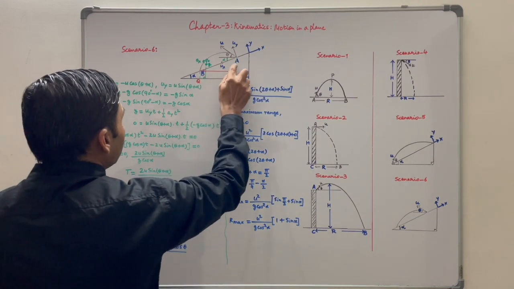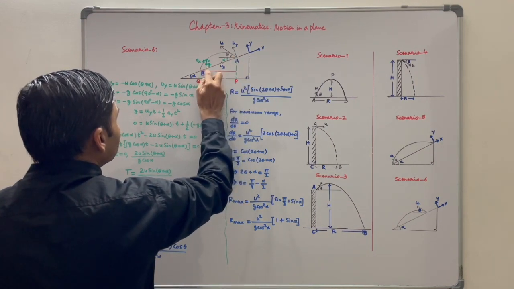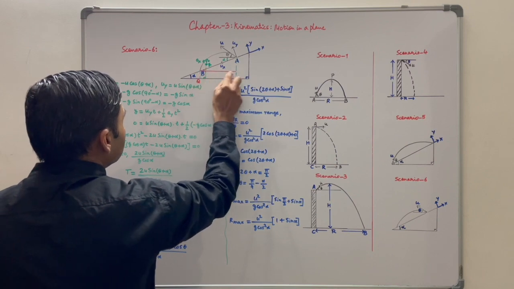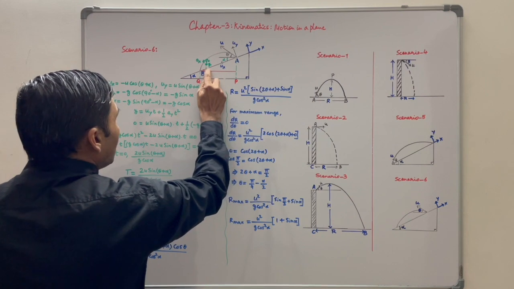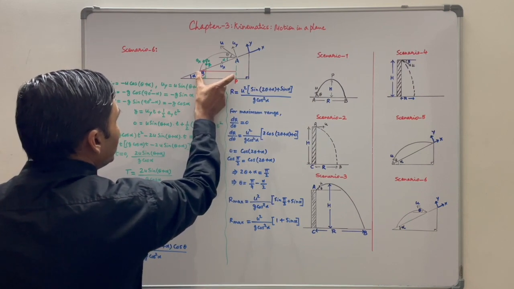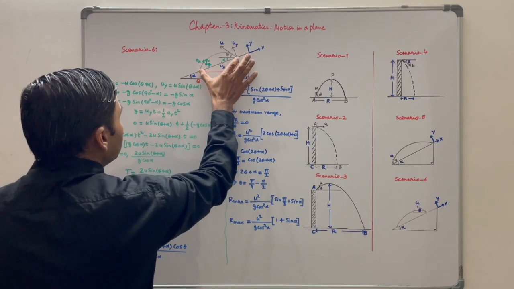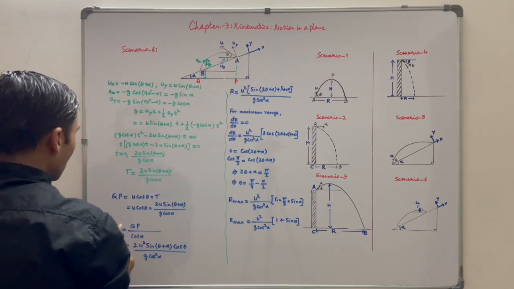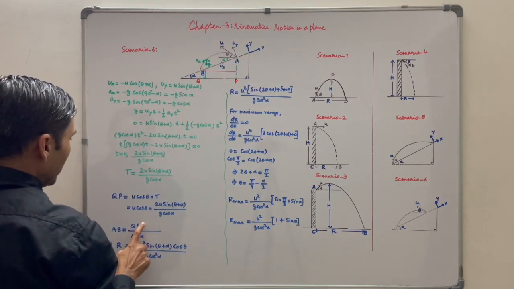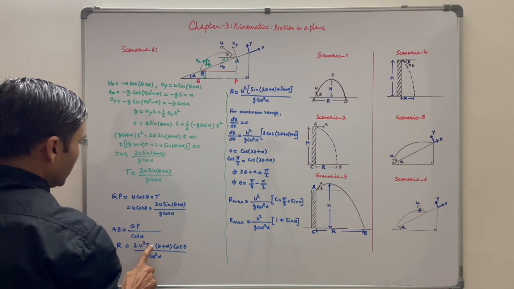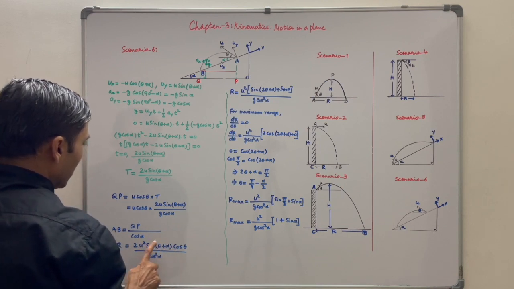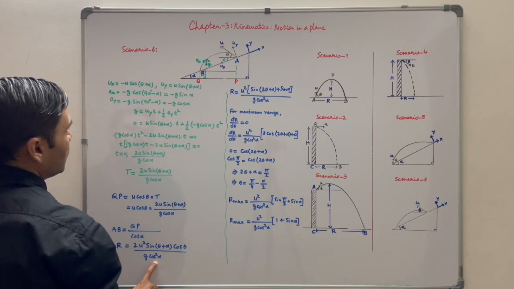In this right angle triangle, this angle is equal to α, as this is parallel to this and this is transversal. So cos α is equal to QP upon AB. AB is range R. So R is equal to QP upon cos α. That is equal to 2u² sin(θ + α) cos θ upon g cos²α.